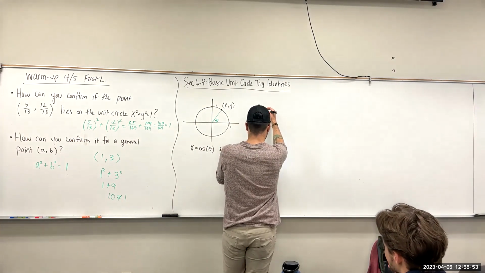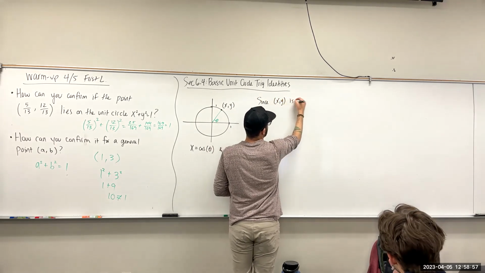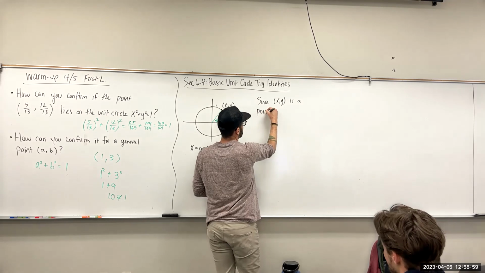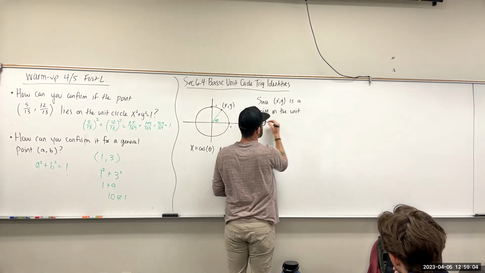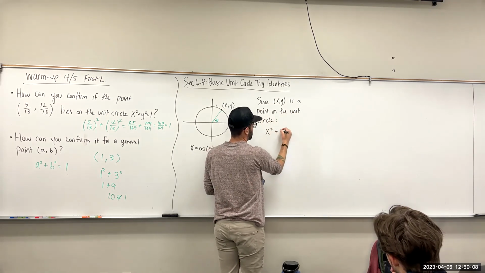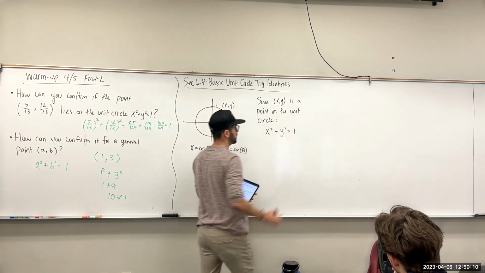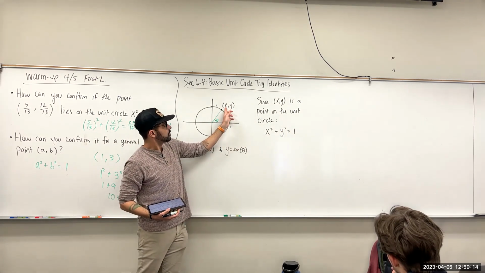So since (x, y) is a point on the unit circle, we have that x squared plus y squared is equal to 1. But what is this x in terms of trig?